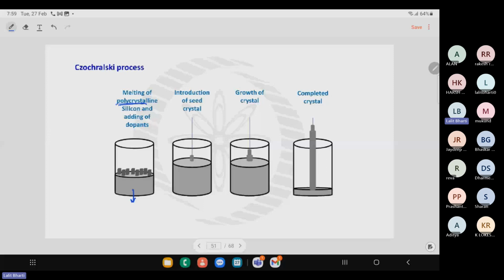When you introduce a seed here and move the seed upward, single crystalline silicon will grow on the seed, and the cylinder forms like this. This is single crystalline silicon from the amorphous or polycrystalline. Since you need single crystalline silicon, that is why you use this process.